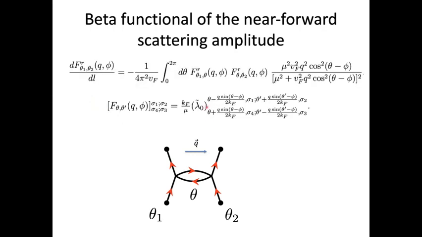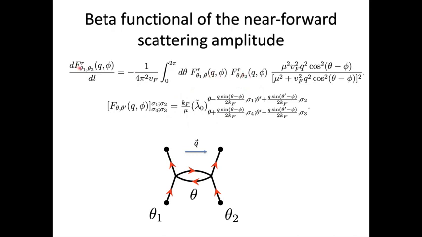So one way to view it is to introduce a new dimensionless coupling by multiplying lambda with the phase space volume kf over mu. This now has scaling dimension 0 at the tree level, and the beta functional involves only a quadratic term like this.